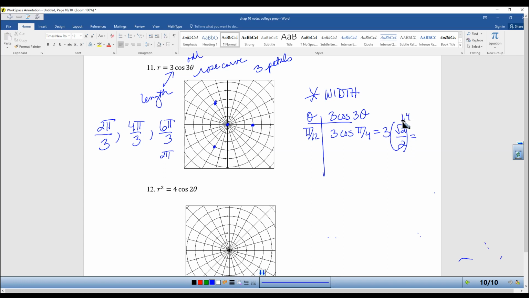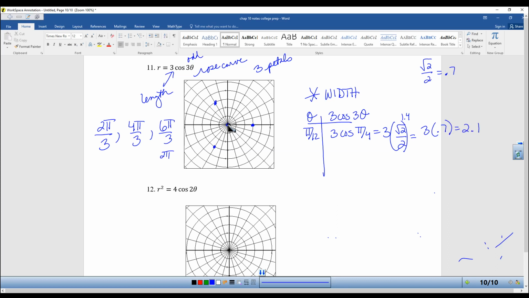Oh, I remember last time it was a 4, so it was pretty easy, but now it's a 3, and it's definitely a little bit harder. So the other thing you might want to know is that the square root of 2 over 2 is 0.7. You can put that in your notes because 1.4 divided by 2 is 0.7. And now it's not so bad. 3 times 0.7 is 2.1.